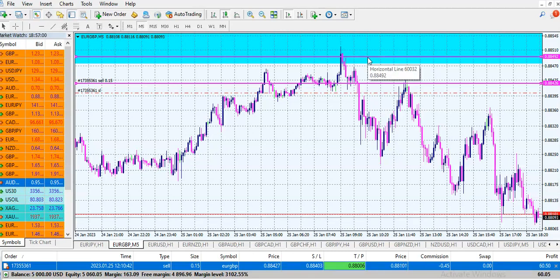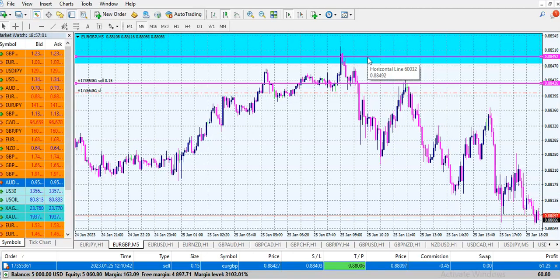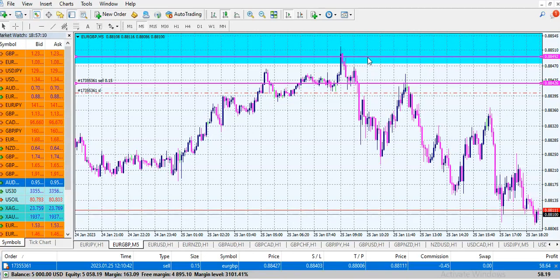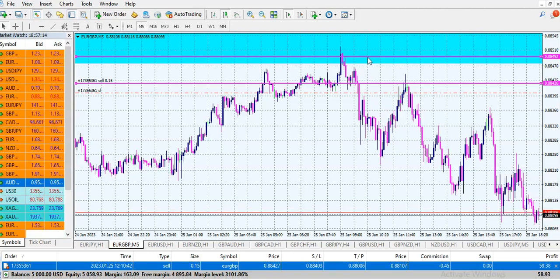We need to wait for confirmation, and we do our confirmation on M5 chart or on 1 minute chart, but in this case it was on 5 minutes chart. Okay, so how did we spot the confirmation?